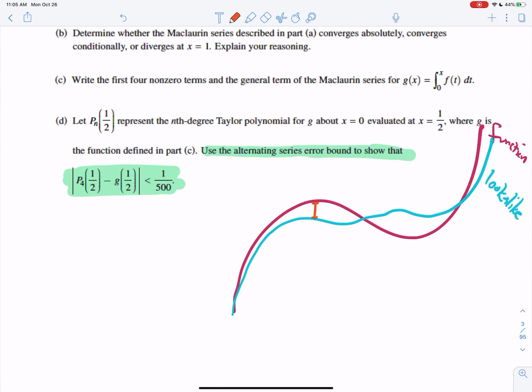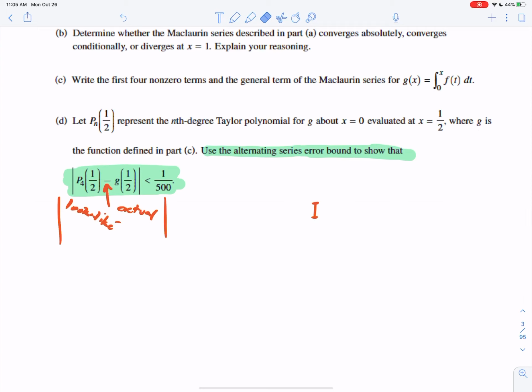So the way you do that is you subtract the two. You're subtracting your actual from your lookalike, or the other way around. It really doesn't matter. And that's why there's absolute value here, because we're just talking about distance. How far are you from the actual function? Okay? That is your error.